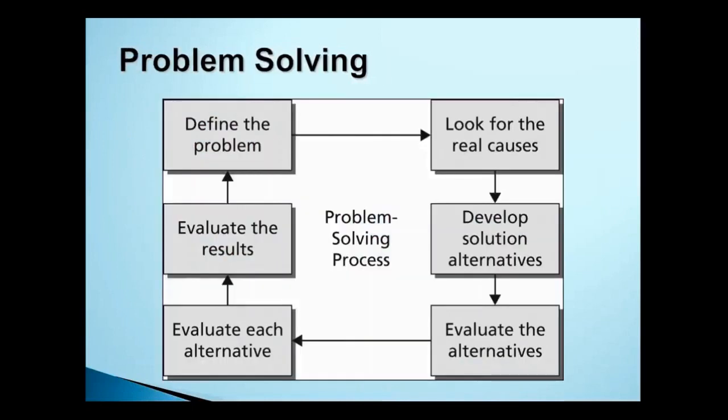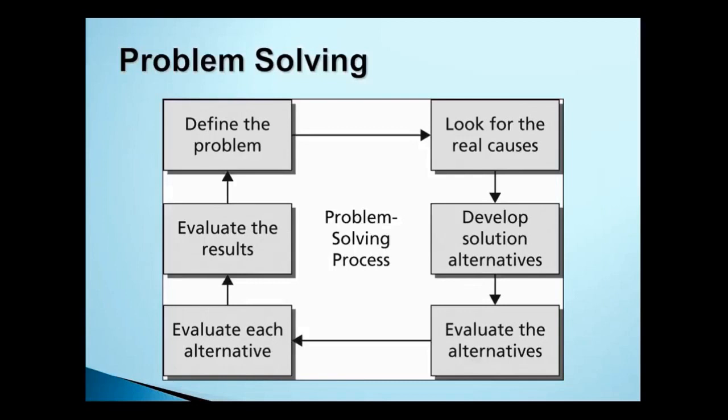Okay, so this really goes back to the idea of problem solving. These are the steps in the problem solving process. It's very important that we begin by defining what the problem is. We have to really define what the problem is. If we don't have a clear definition of the problem, the entire process of trying to problem solve is going to be a mess.